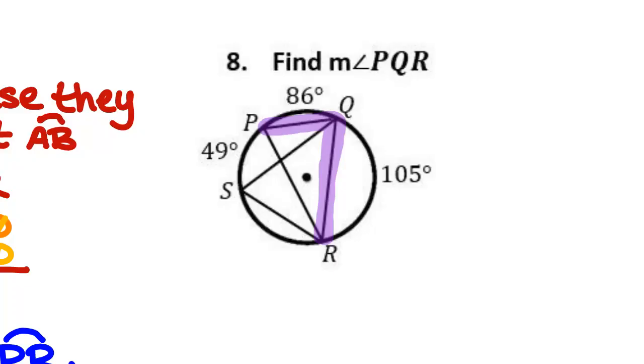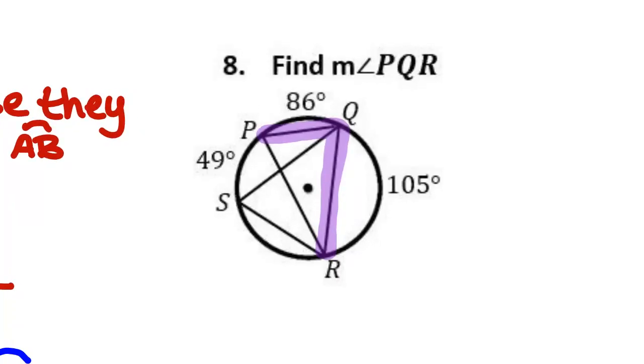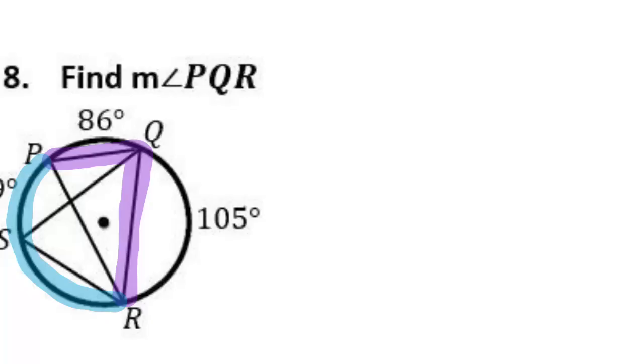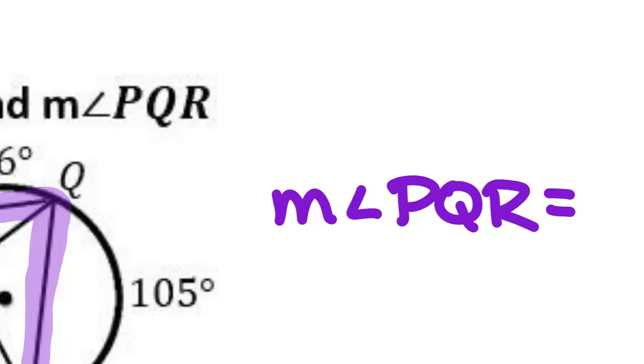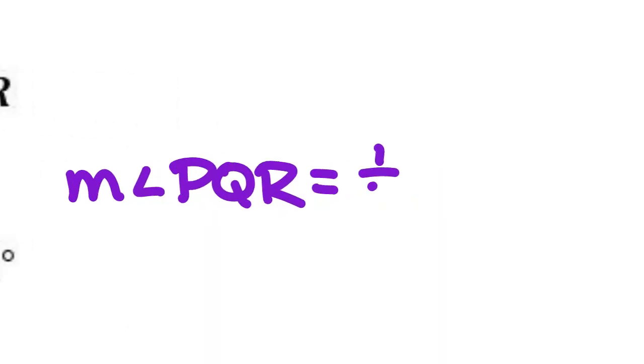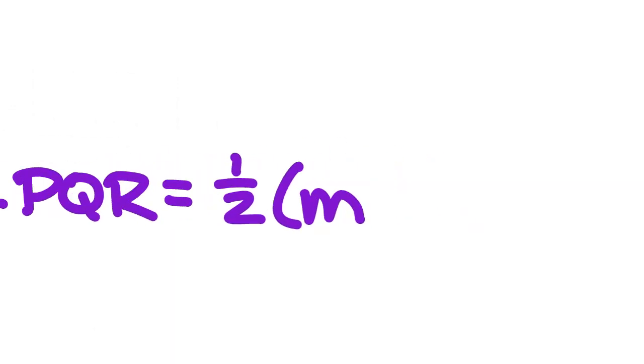What would the name of the arc be that's being intercepted by PQR? Just this much? PSR. Right here, it's intercepting that whole thing. And we know that the angle is half of the arc. So the measurement of angle PQR is equal to half the measurement of arc PSR.